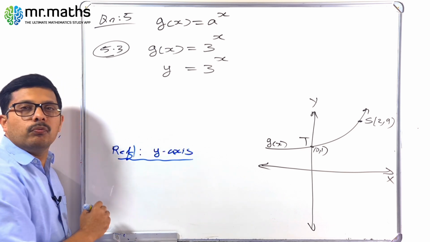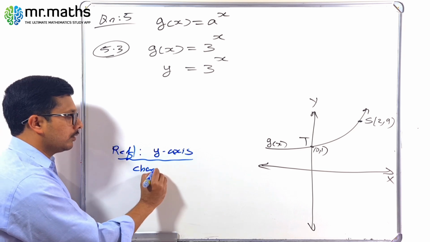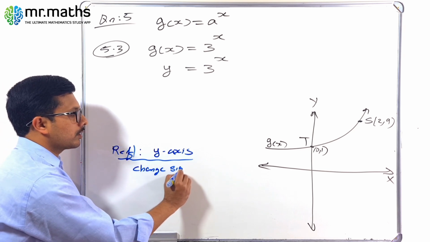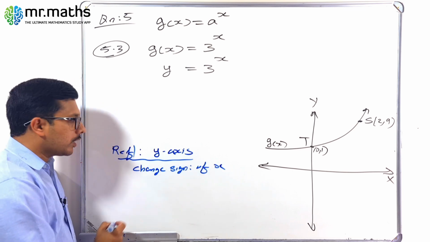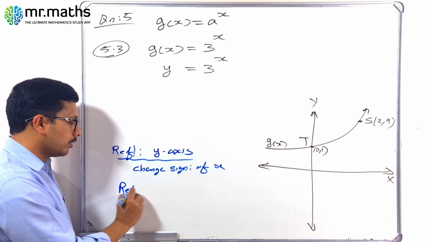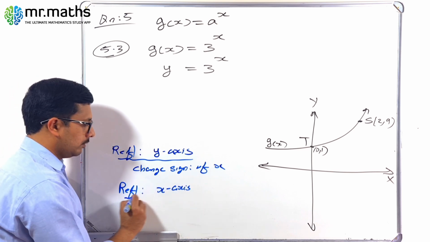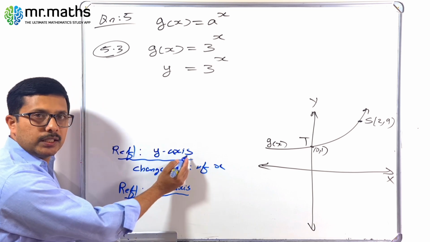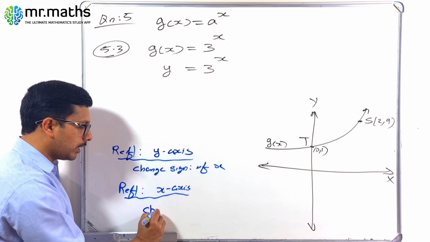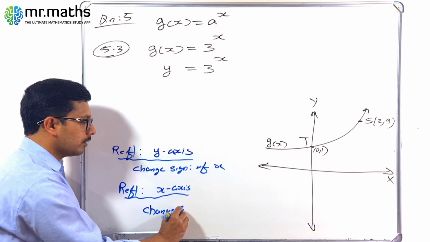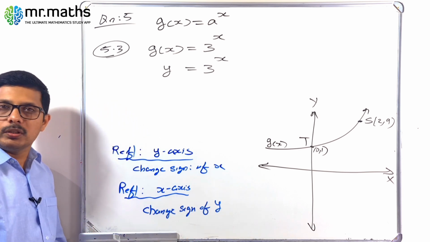Reflection based on the y-axis, change the sign of x. But if the reflection is based on the x-axis, just the opposite: change the sign of y. That's all. It's very easy.